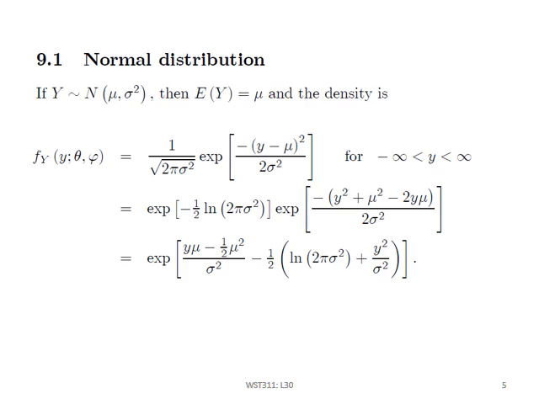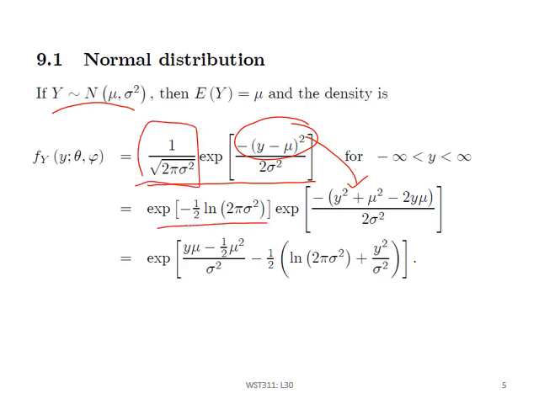Let's consider the normal distribution, and specifically the normal distribution with expected value mu and variance sigma square. We know that the density function is given by this expression. If we develop the quadratic form, we obtain the value over here. And if we put the constant value to the power of e, we can get that expression over here.